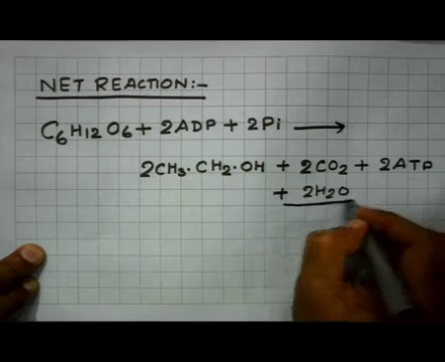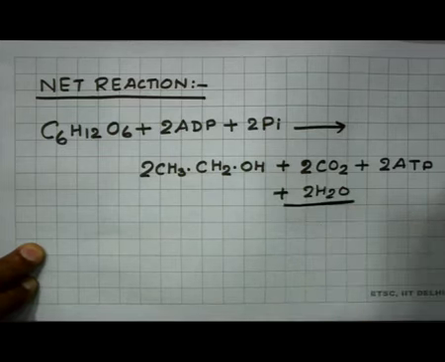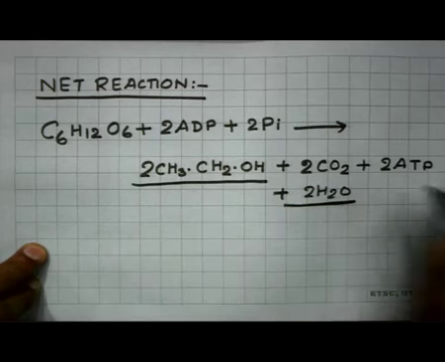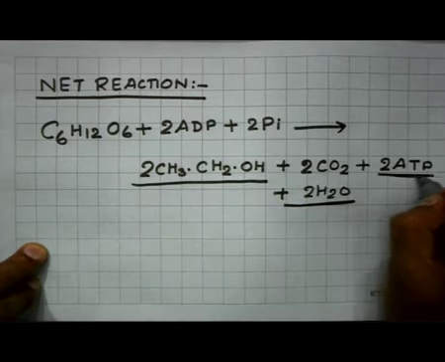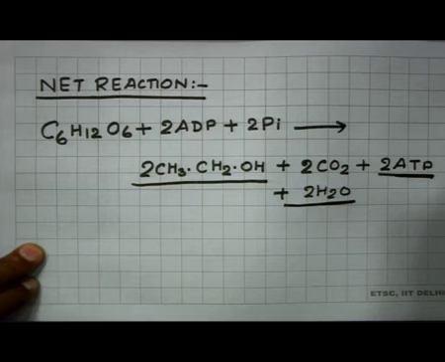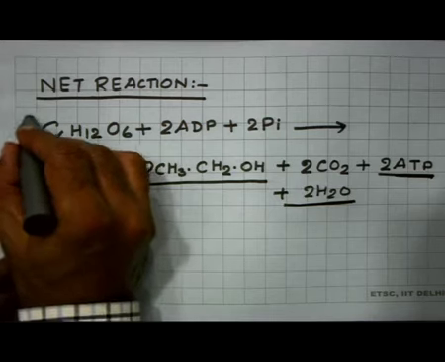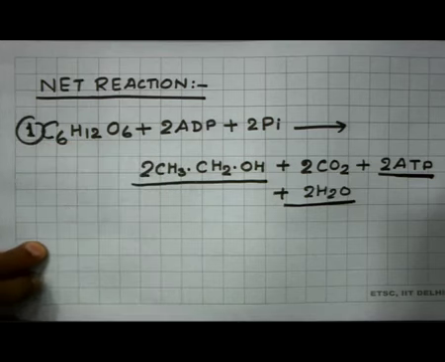So, now we can say that in alcoholic fermentation the glucose molecule is converted into ethyl alcohol, and 2 ATP are formed when one glucose molecule is degraded.